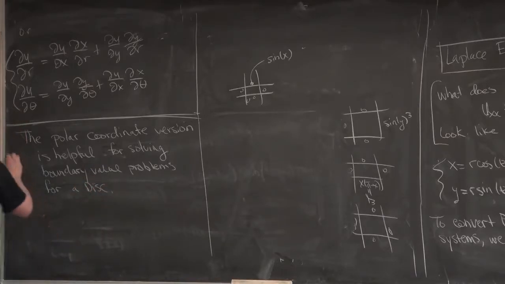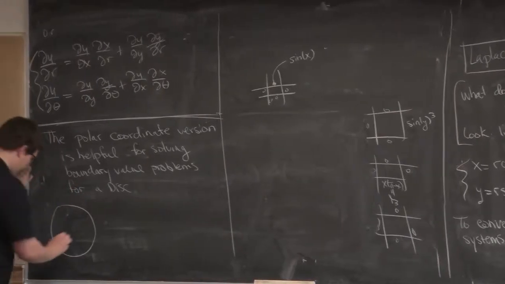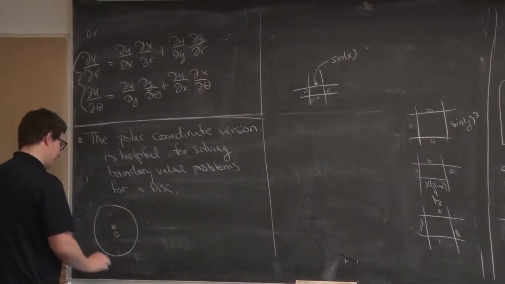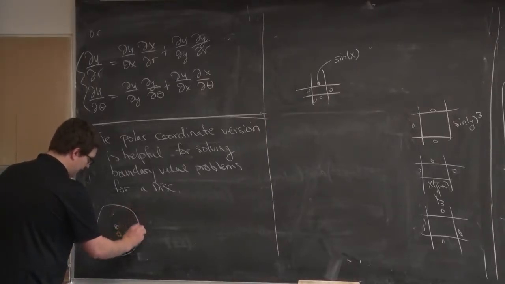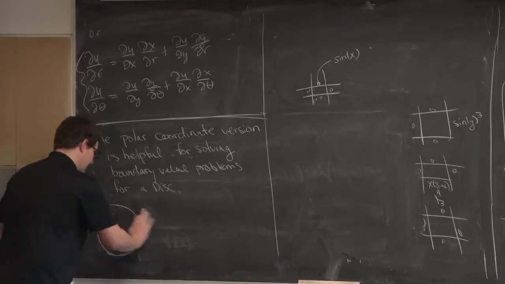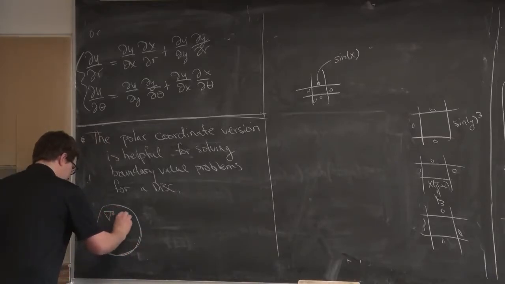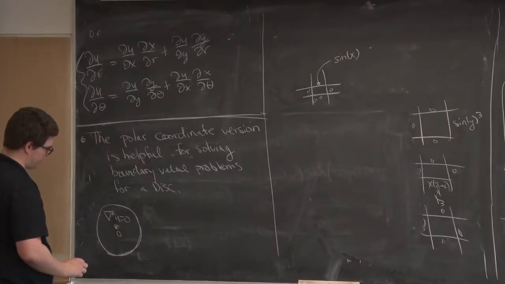So here you could have some disk, or you could translate the disk. But let's say it's a disk at the origin in R2. Then at some radius you could look for the problem where the Laplacian of u is equal to 0 on the interior of the region.